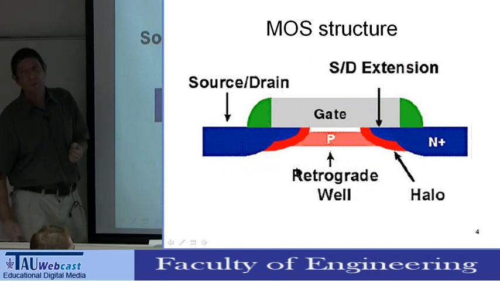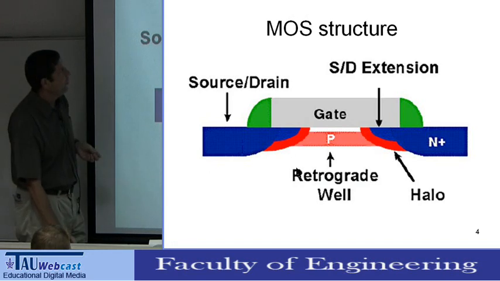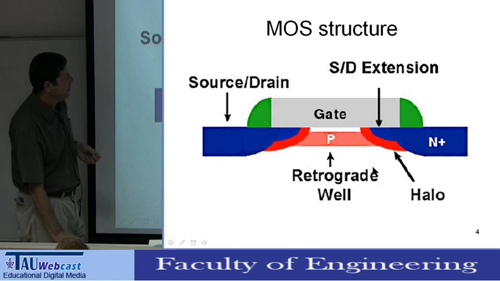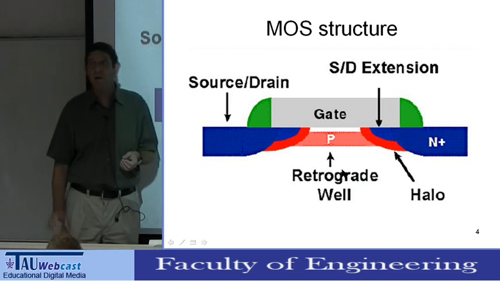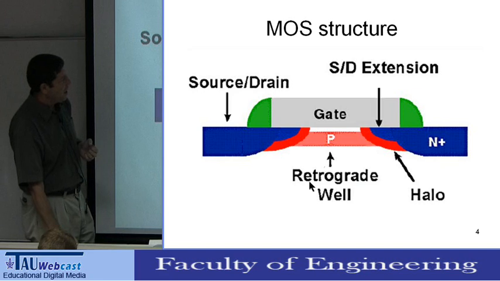This is an even better slide of an MOS device. Let's say it's an N-type substrate, and the structure is a retrograde. If you remember, I told you in the previous lecture that by ion implantation I can generate a profile which is called retrograde.